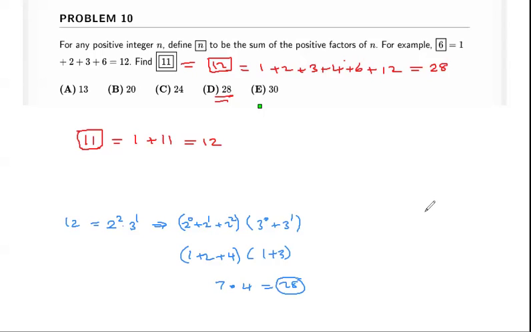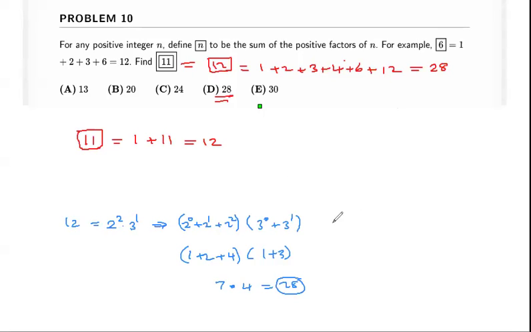In order to get the sum of the divisors, we take the prime factorization and write the powers of each prime, starting from 0 all the way to the largest power of that prime in the prime factorization. We just multiply those sums to get the sum of the divisors. This is not really what we need in this problem because 12 is a small value, so we can list them and add them, which is what we did already. But that will be useful.